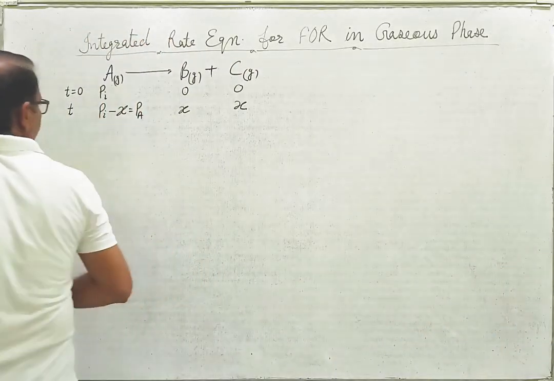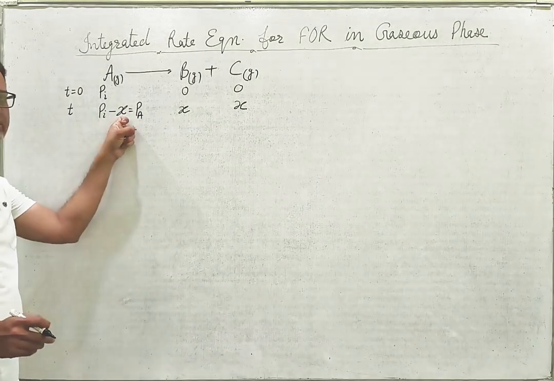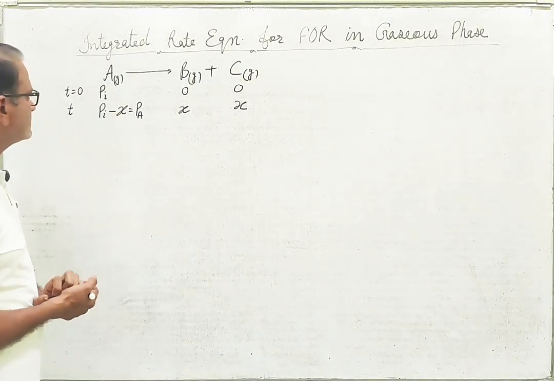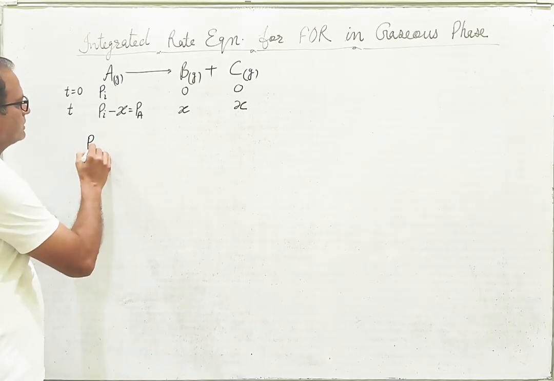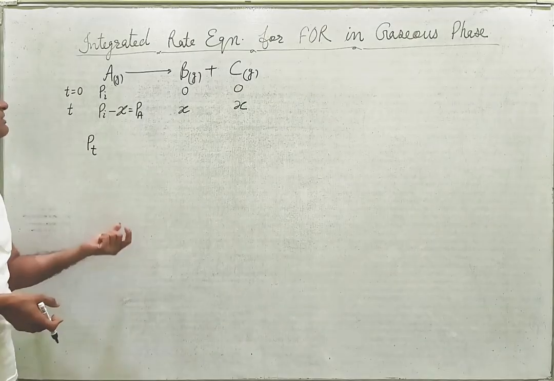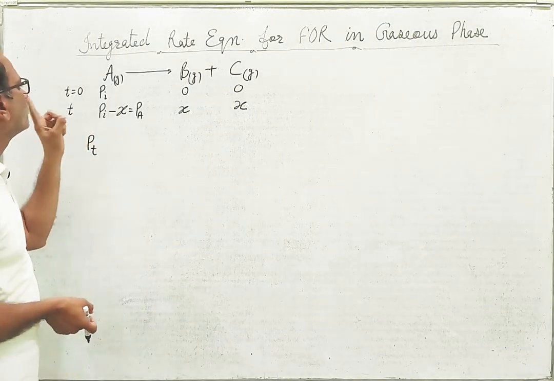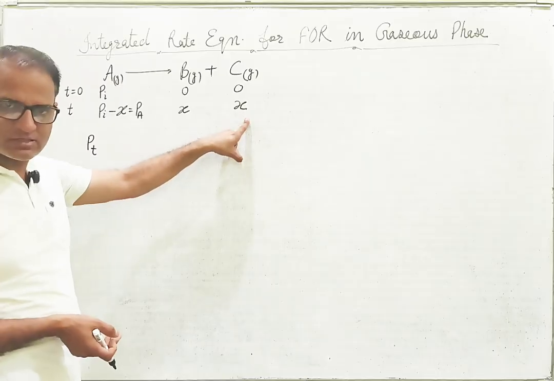Now we need the value of X, and for the value of X, let us take P total, that is Pt. Pt will be equal to Pa plus Pb plus Pc.